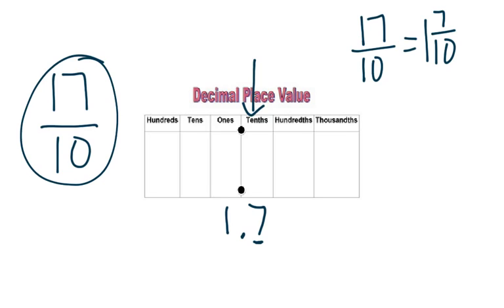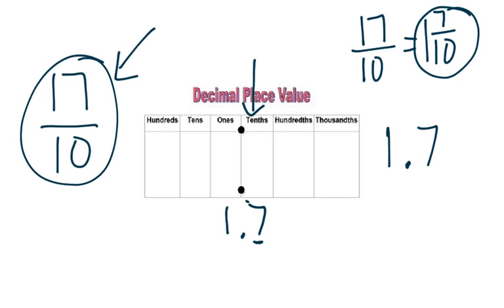So now the mixed number, 1 7/10. We still get the same answer. So this is how we could change this improper fraction to a mixed number and then write it. Or you can make sure that the last digit lands in the tenths column.